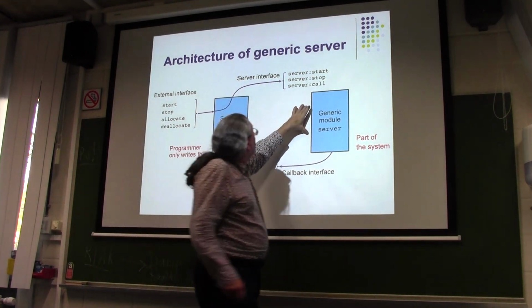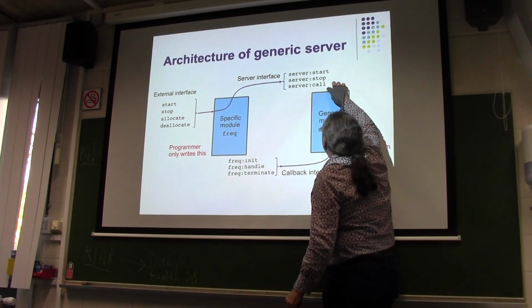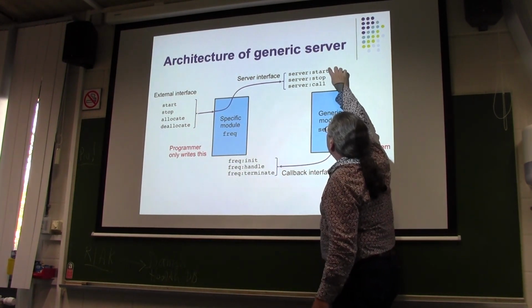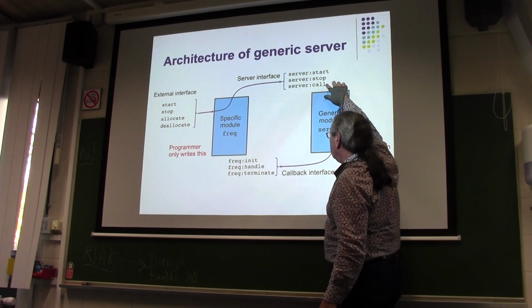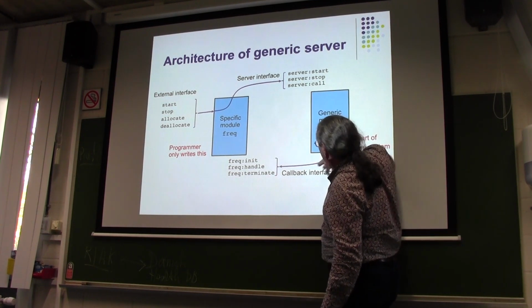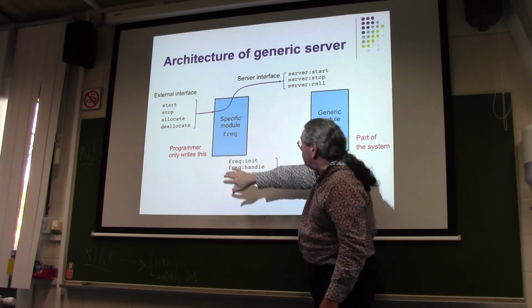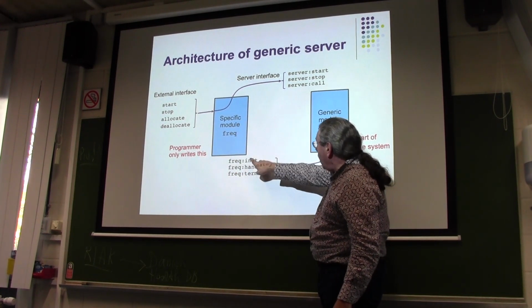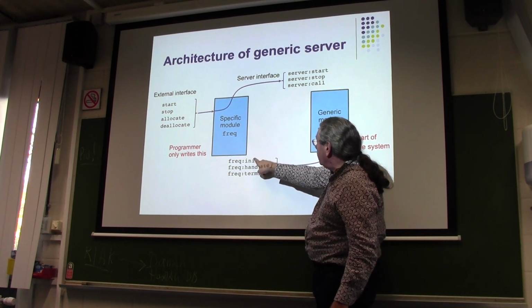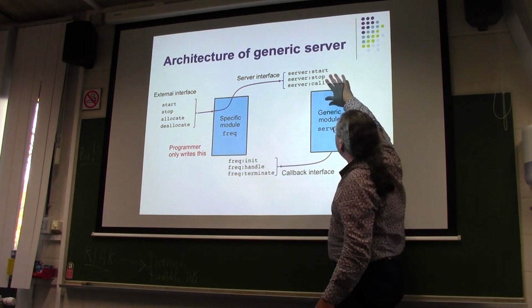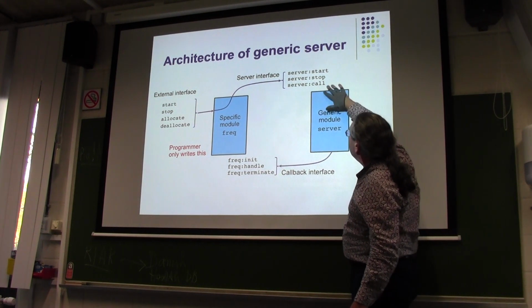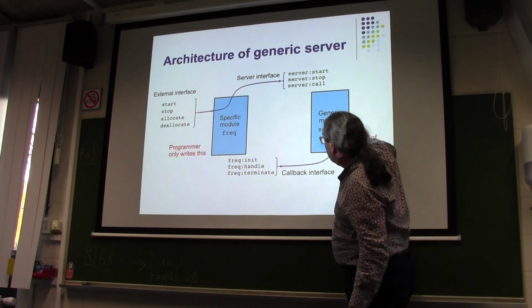This generic module has 3 interfaces, start, stop, and a generic call, and it will do callbacks: init, handle, and terminate, which are implemented here. So I only have to write these 3 things, init, handle, and terminate. All of the work of the actual server is done here.